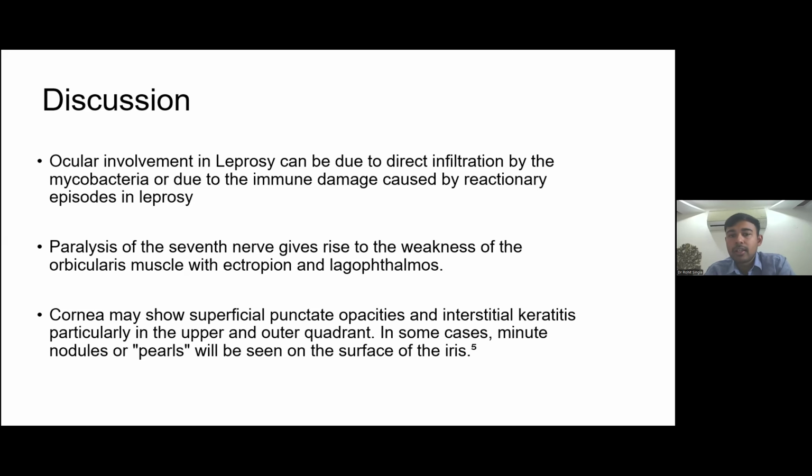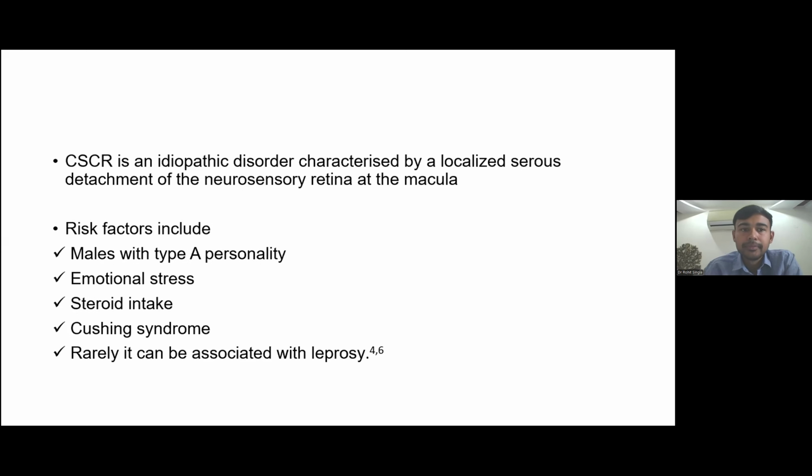In our case, it was lagophthalmos. In such patients, the cornea may show superficial punctate opacities and interstitial keratitis, that is inflammation of the cornea, particularly in the upper and outer quadrant. In some cases, minute nodules or pearls can also be seen on the surface of the iris.